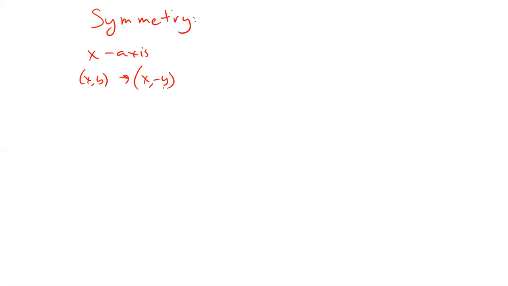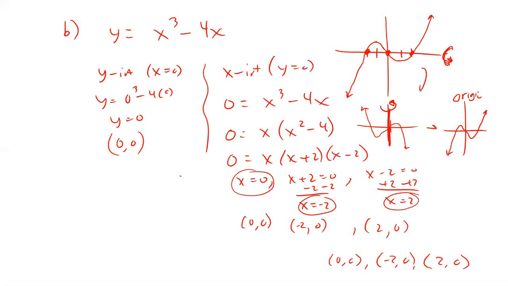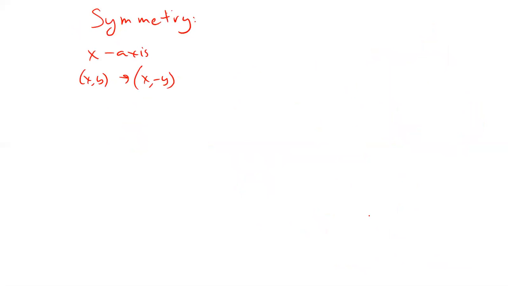Let's go back in our mind and see if this makes sense. Notice when we flip along the x-axis right here, all the positive y values became negative y values. Are we good? So think about this: stuff on top becomes stuff on bottom. Okay?